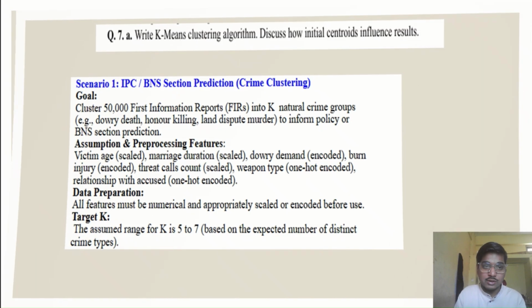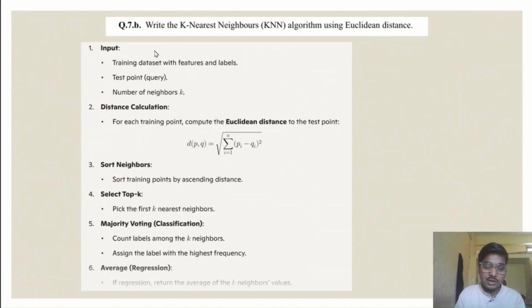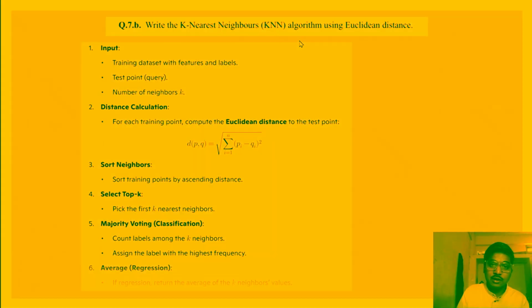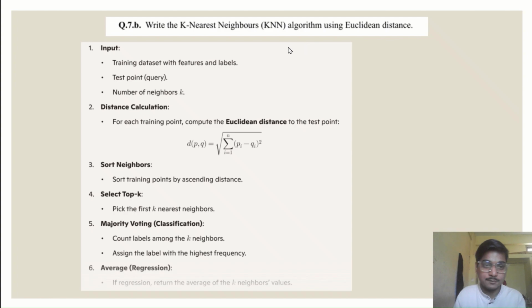Let's move to the part B solution of question number 7, which is asking to write the k nearest neighbor algorithm, the KNN algorithm, using the Euclidean distance. So firstly, we take the input to the algorithm: the training dataset with features and labels, the test point or query, and the number of neighbors k.